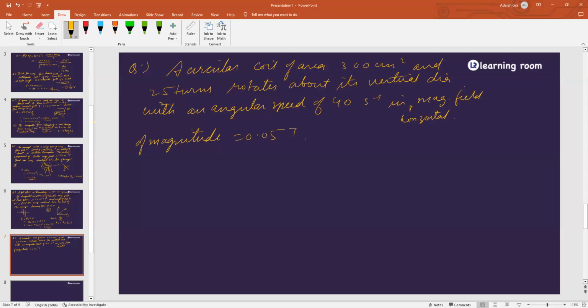What you have to do is obtain the maximum voltage induced in the coil.